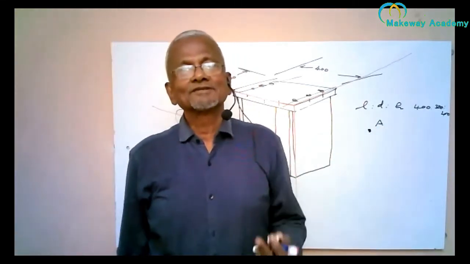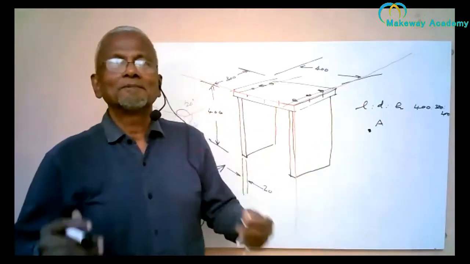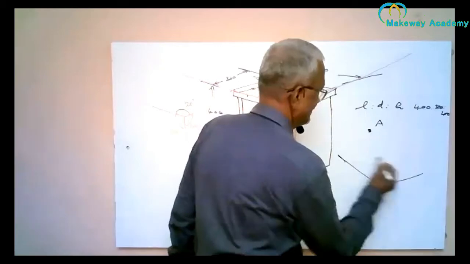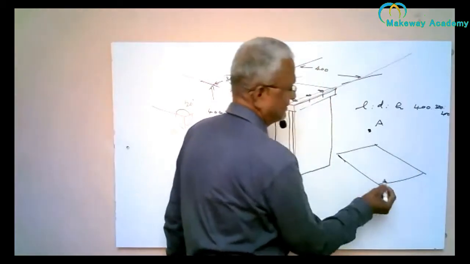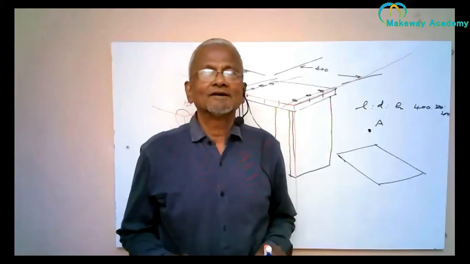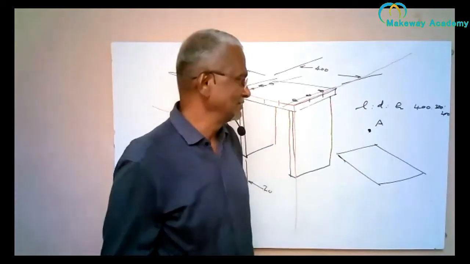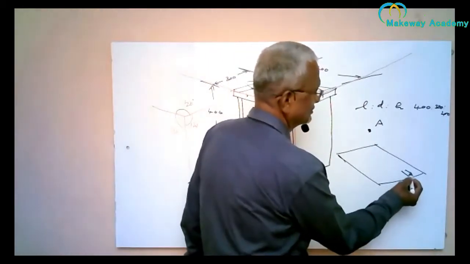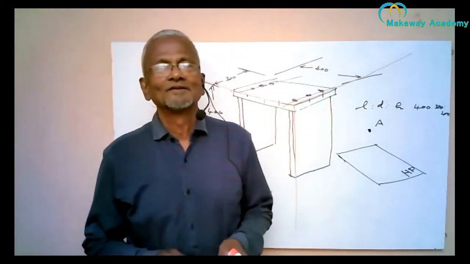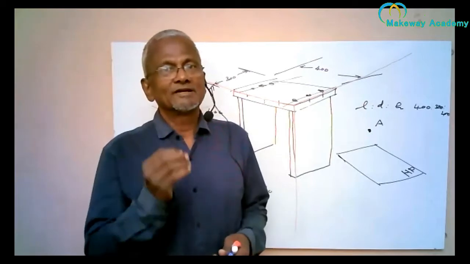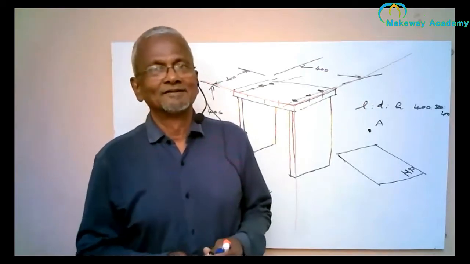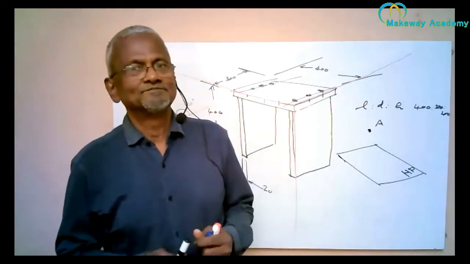How do I get the projection of the point A in a plane? So I keep a plane underneath. This is a plane. Since it is kept horizontally, I call it a horizontal plane. HP is a short form for horizontal plane. Now, how do we get the projection of the point onto this plane? It's very simple.